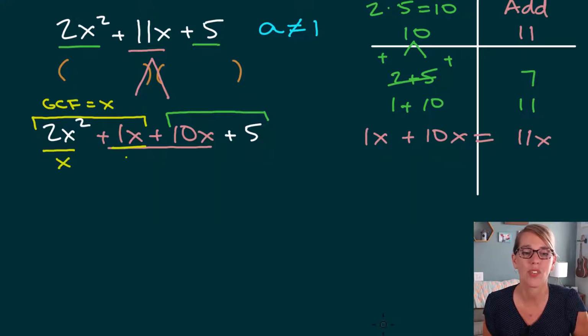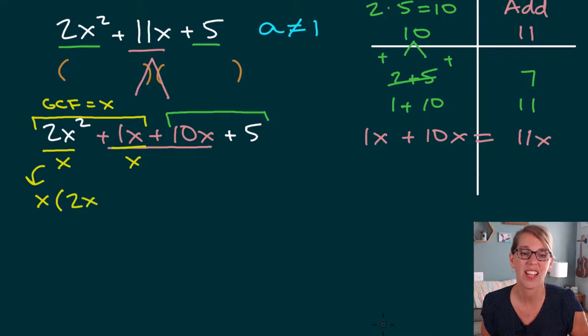So I'm going to divide out or factor out an x. The x is part of my answer, so I'm going to bring the x out in front, and then let's go ahead and simplify these. 2x squared divided by x is 2x. And then 1x divided by x, that's x divided by itself, is equal to 1. So I'm finished with the yellow group.